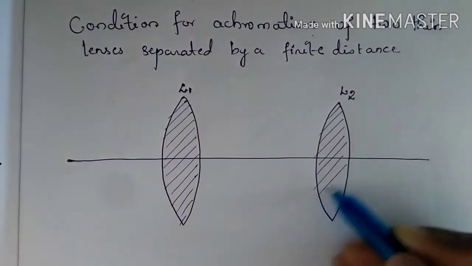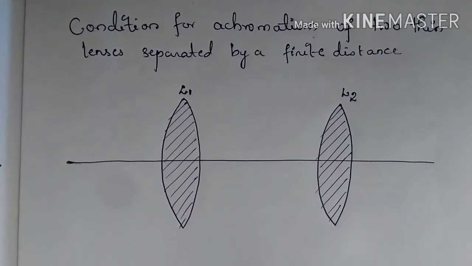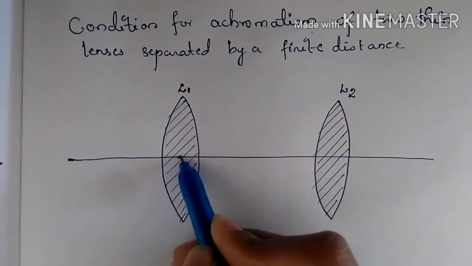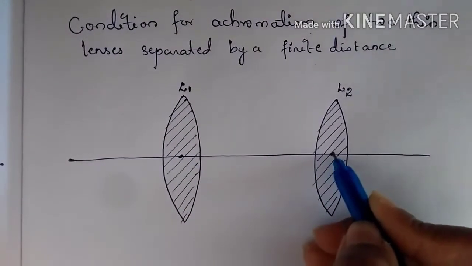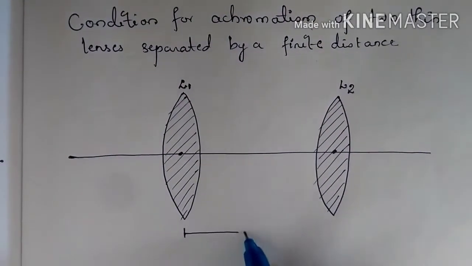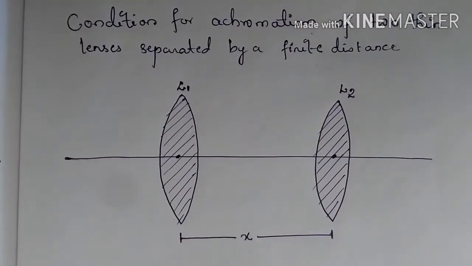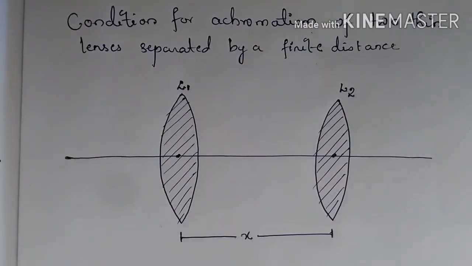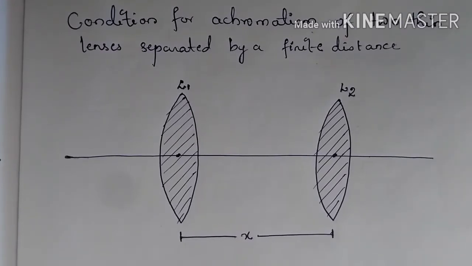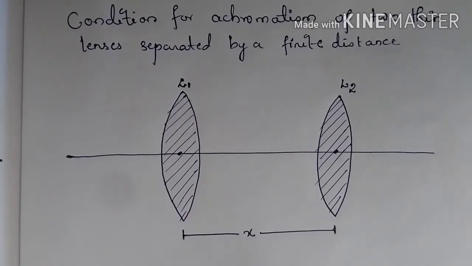So the material for the two lenses which we have used is the same, and these two lenses are kept coaxially on the principal axis, and the distance between these two lenses is x. x gives the distance between the two lenses L1 and L2, and F1 and F2 are the focal lengths of the two convex lenses.